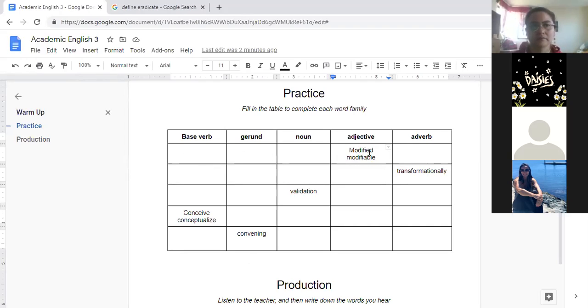So all across here will be forms of modified and modifiable. So in other words, what is the base verb of modifiable? What is the noun of modified?